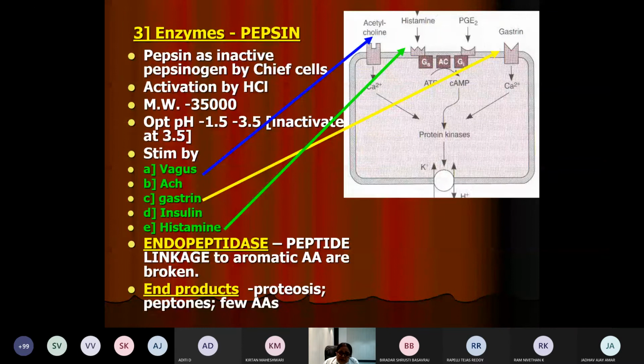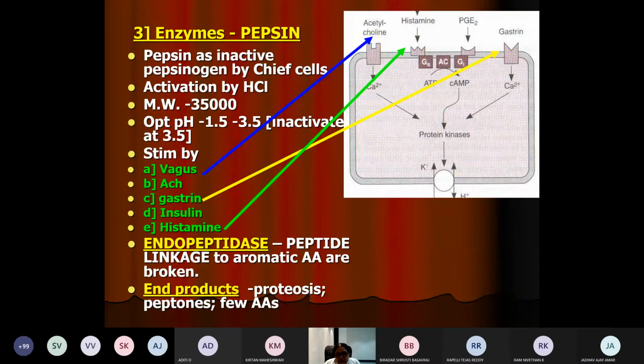Enzymes. Pepsin, secreted as inactive pepsinogen by chief cells. Activation by HCl. Molecular weight 35,000. Optimum pH 1.5 to 3.5. Stimulated by vagus, acetylcholine, gastrin, insulin, histamine.